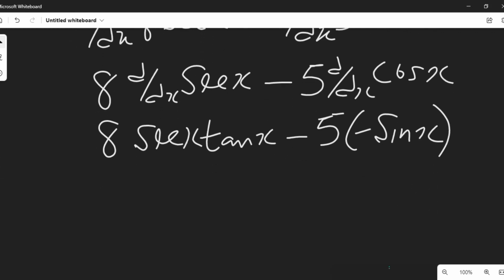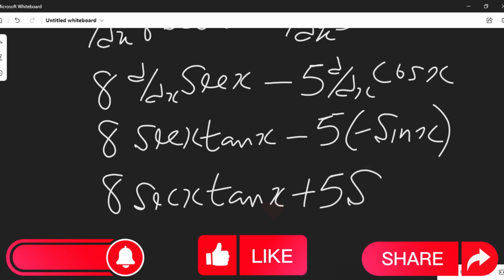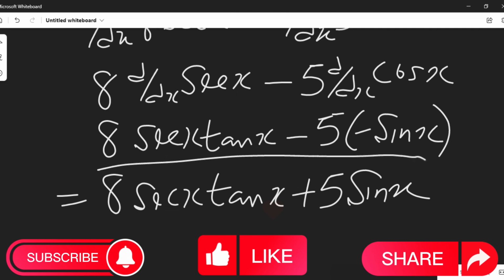So if we multiply that, we are going to have the final result to be 8 sec x tan x plus 5 sin x. So this is the result of the derivative we are given.